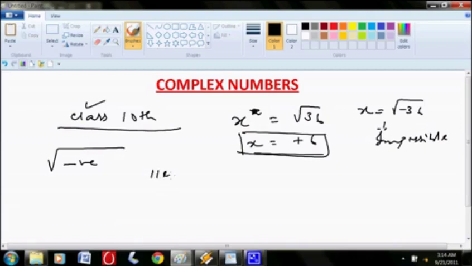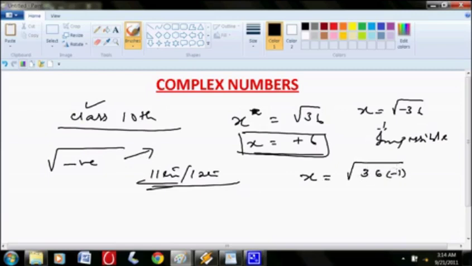Once you come to 11th or 12th, you'll find a little bit advanced thing to this. I will say root of minus 36 is definitely 36 into minus 1, and this is root of 36 into root of minus 1.